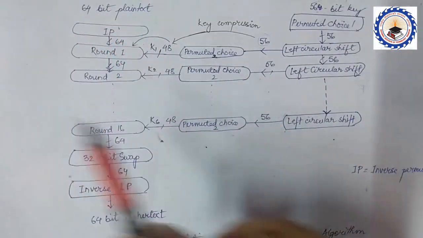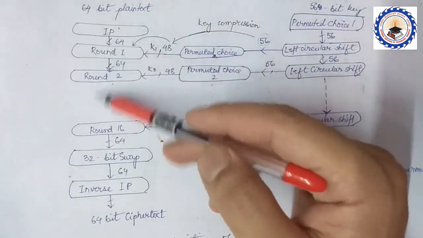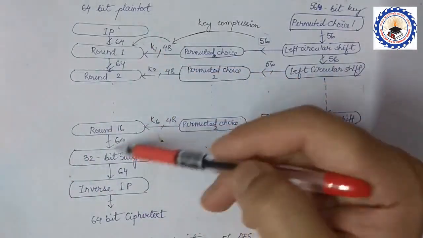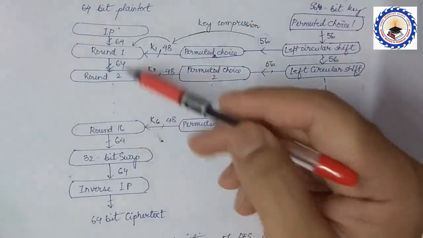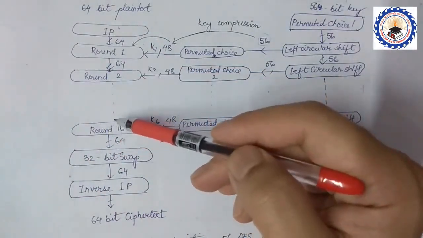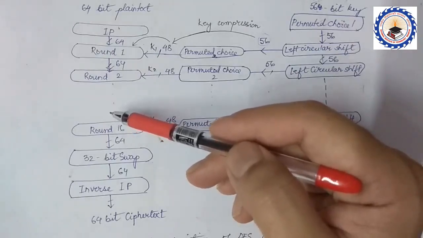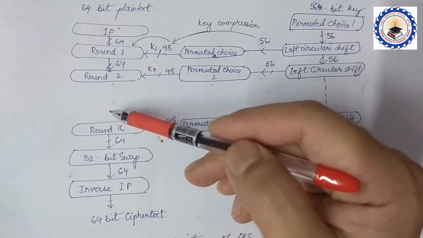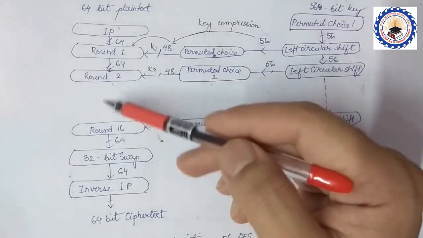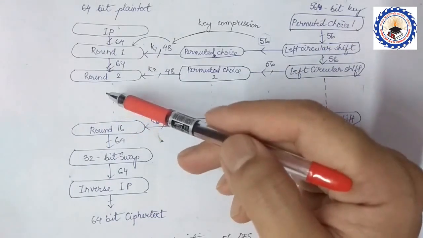We will be considering all the rounds up to 16 rounds. Why are we increasing the number of rounds? We are adding complexity, the diffusion and confusion in the encryption, again and again.